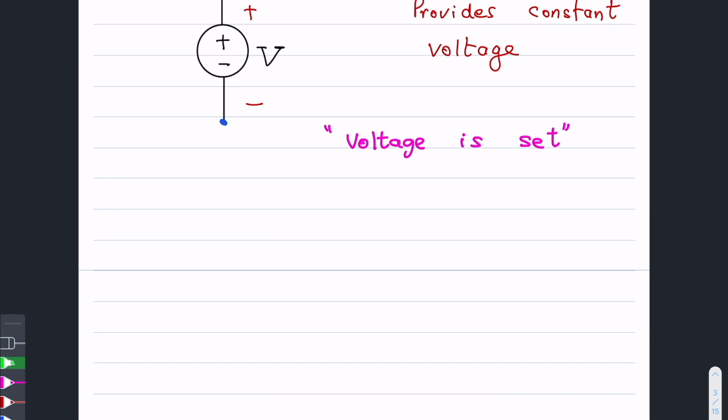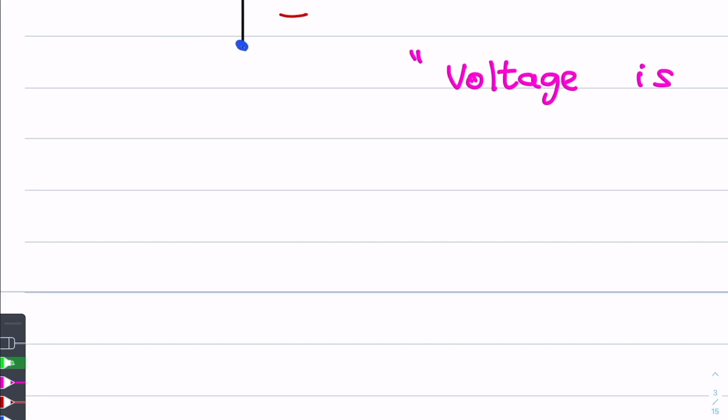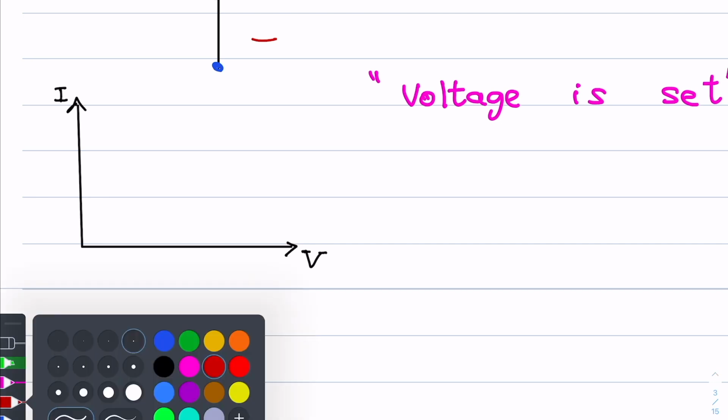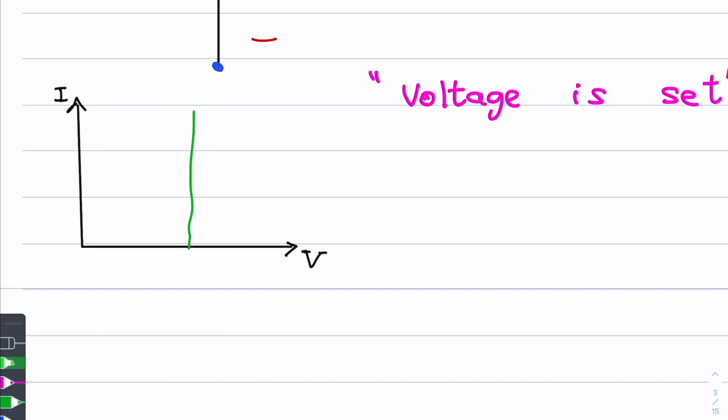Okay, and then if you think about the IV characteristics of this ideal voltage source, plotting voltage on the x-axis and the current on the y-axis, let me use a green color here, you will see that the voltage does not change even when the current is changing over a wide range.